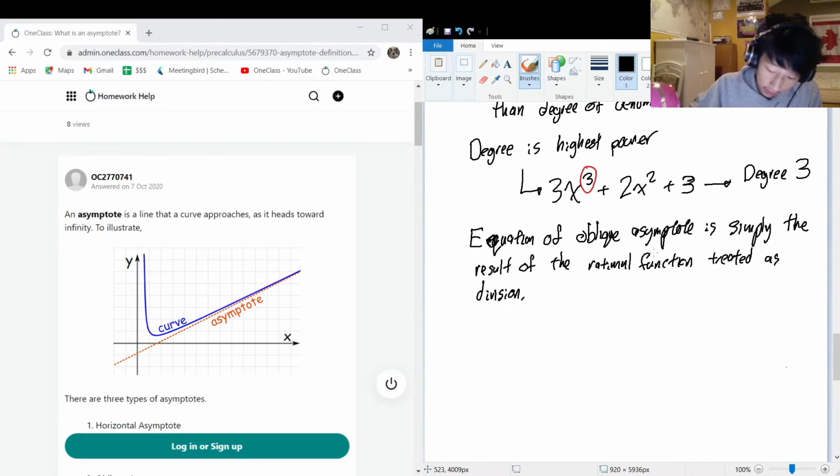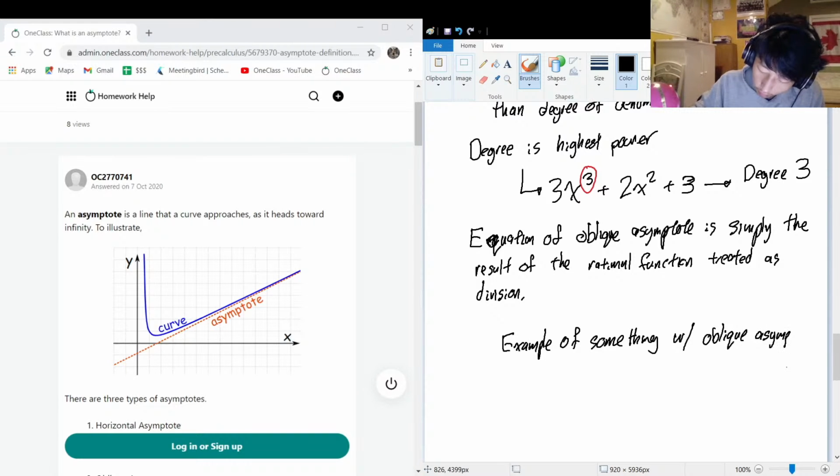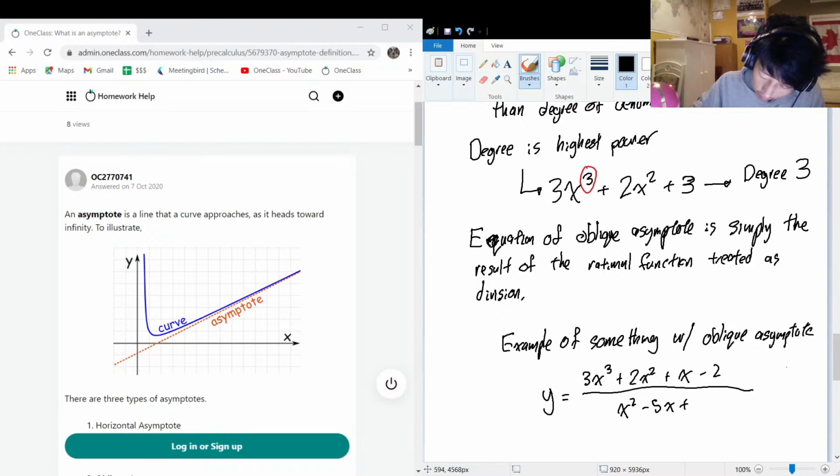That's how you would visualize an oblique asymptote, but they really only emerge with rational functions that look something like this. An example with an oblique asymptote would be y equals 3x cubed plus 2x squared plus x minus 2, over x squared minus 5x plus 6.